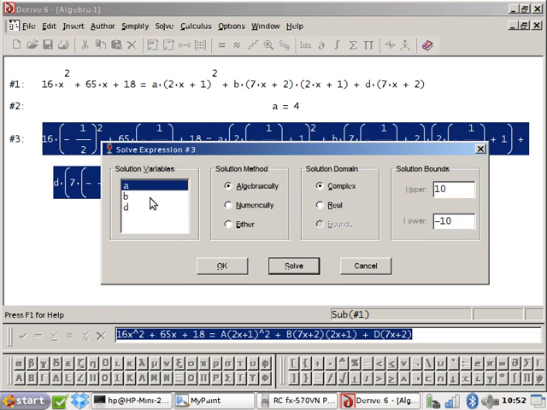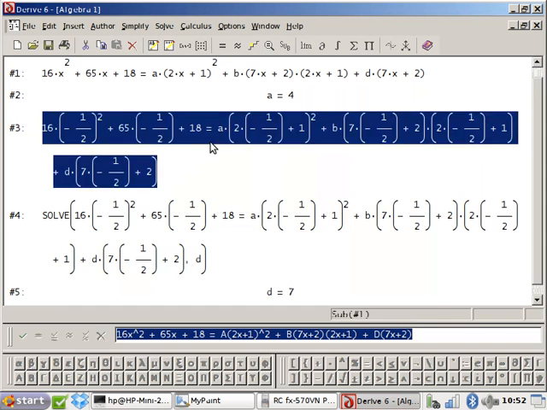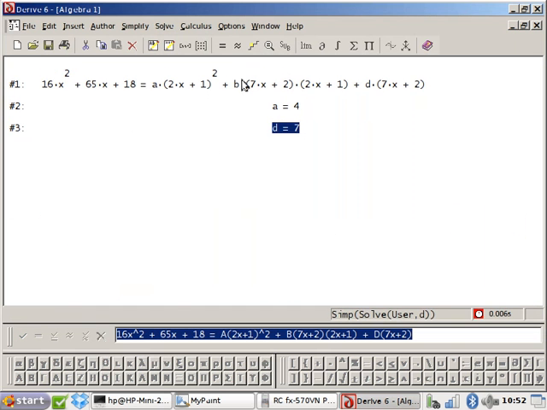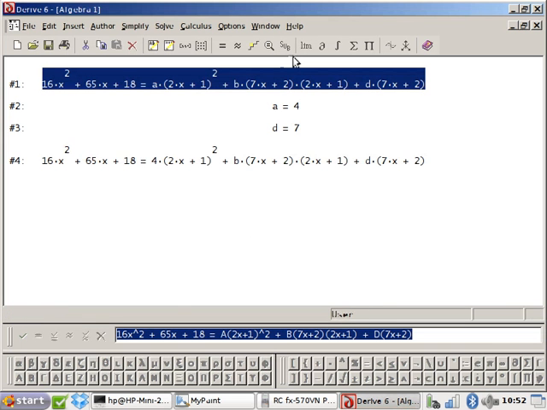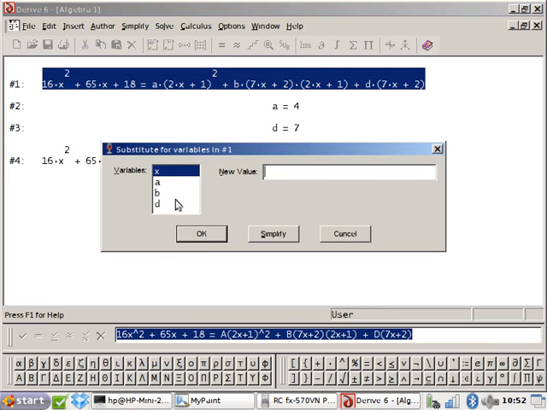Solve for, what's the next one give you? D, is it? Yeah. 7. Great. Now for the last one, what you have to do is put in A is 4. Then you also have to put in D is 7.